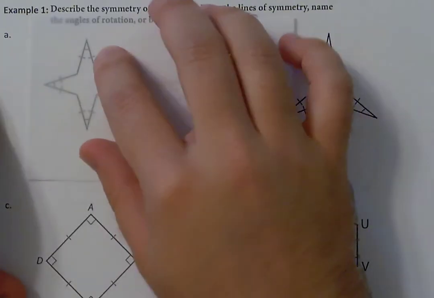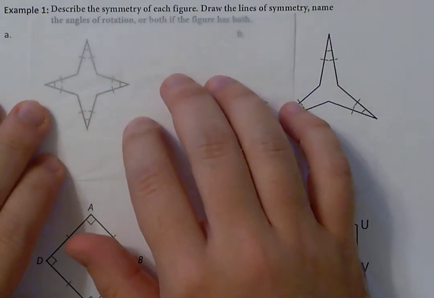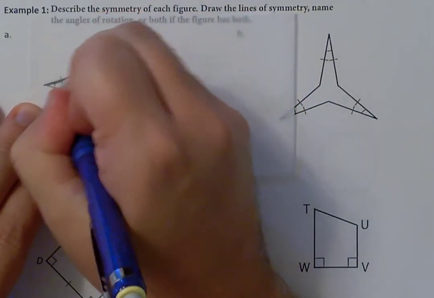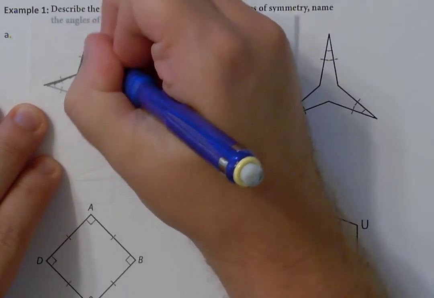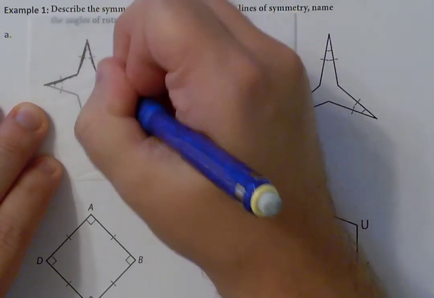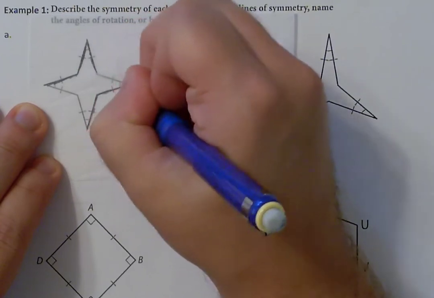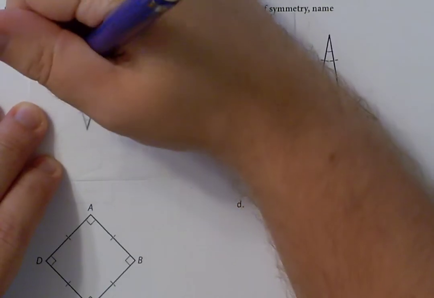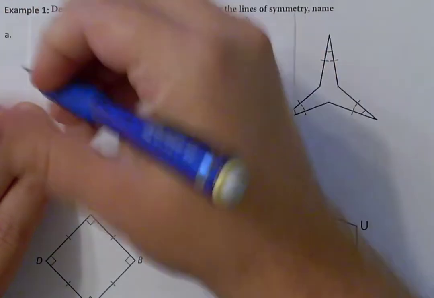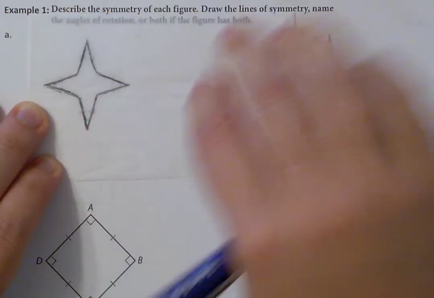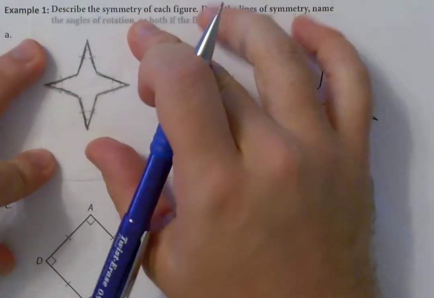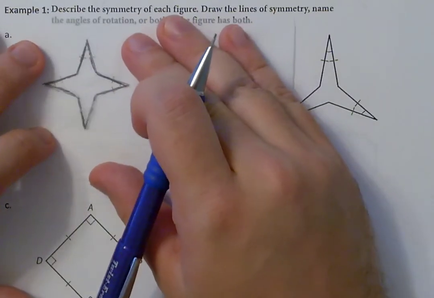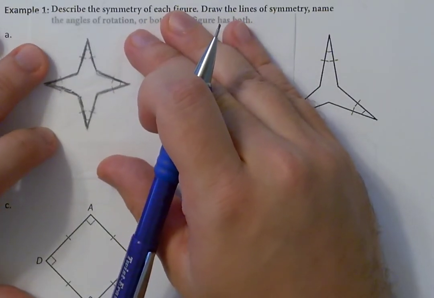So using my parchment paper, I'm going to go through and trace my shape. It doesn't matter how hard you press, like we have done before for reflections. I just need to trace it. So I'm going to trace my shape, and it looks like that. If I look at my original image and my tracing, they match up, and that is what I'm looking for.